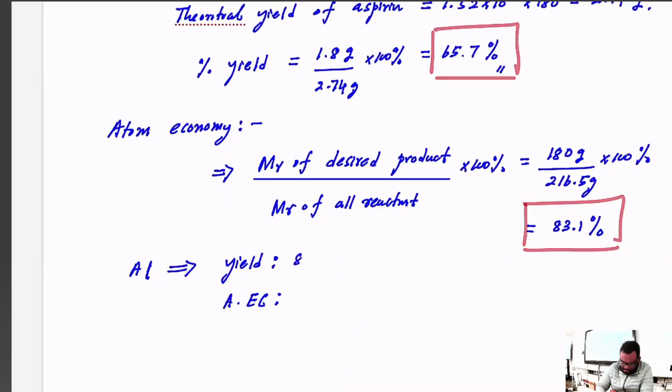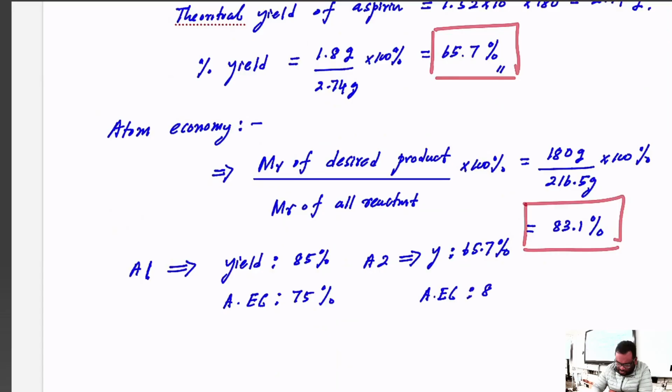Yield is 85, atom economy is 75. And for A2, the yield is 65.7 and the atom economy is 83.1. Okay, so that part is fine.